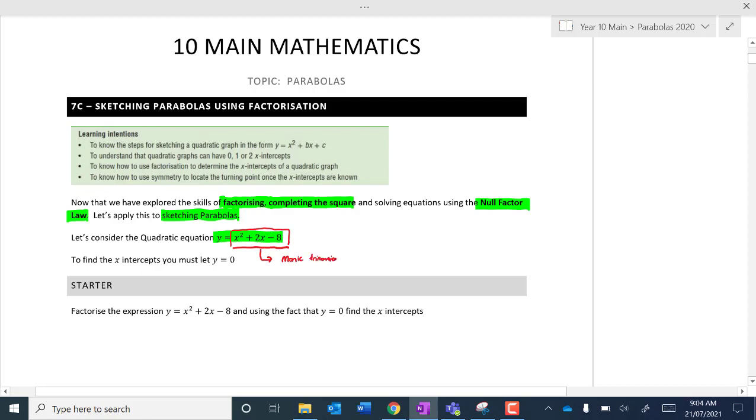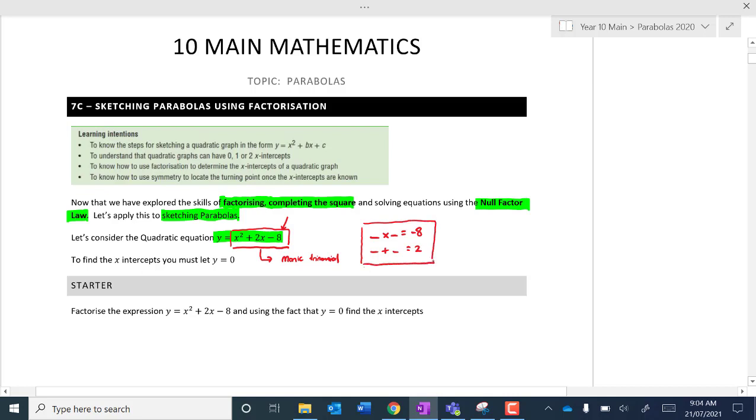So when asked to factorize this, we find two things that multiply to give minus 8 and add to give 2, and then we can use grouping to factorize those.